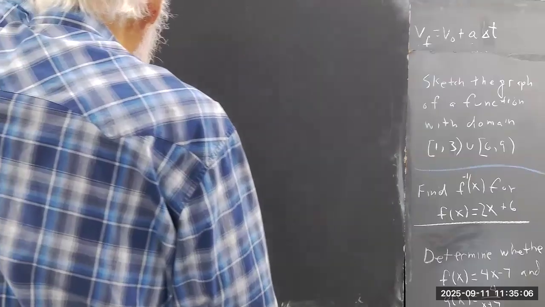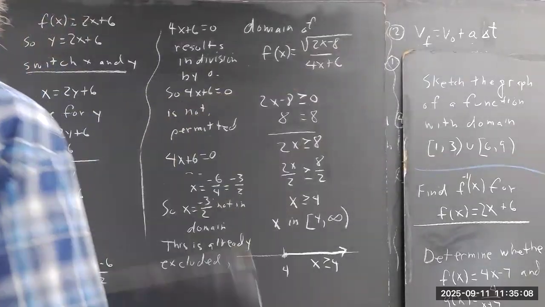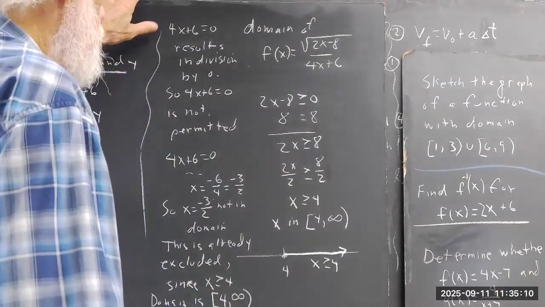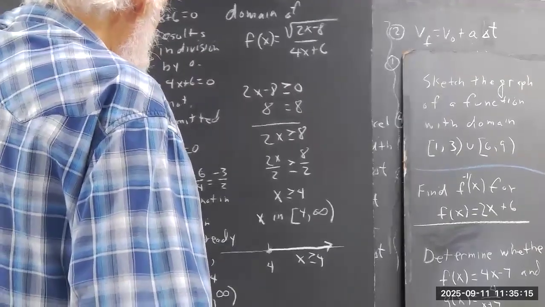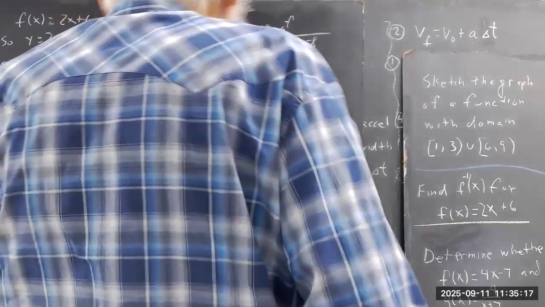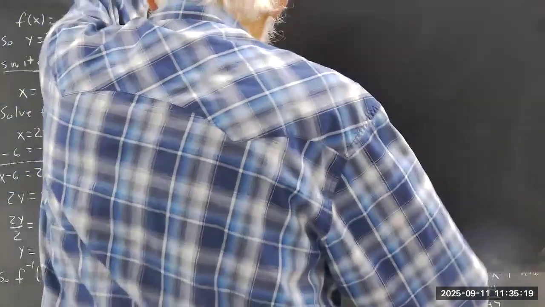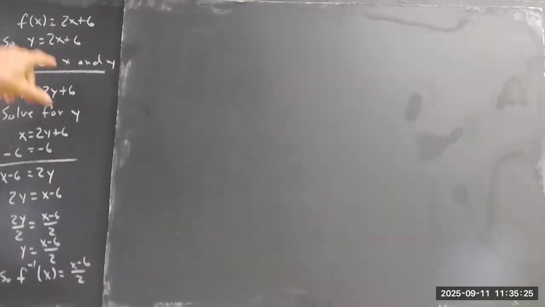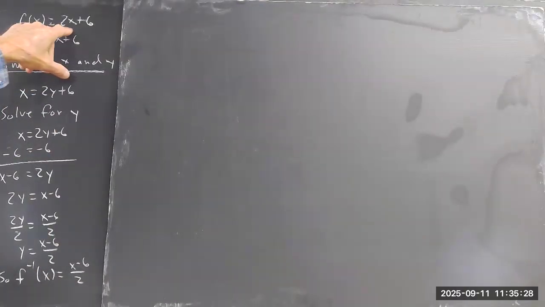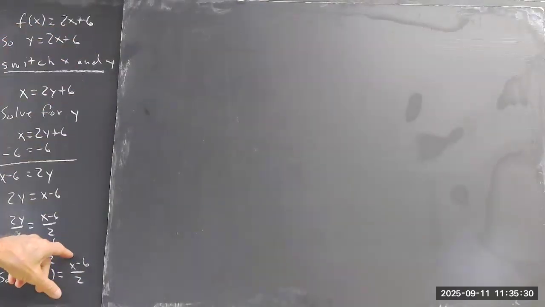Okay, so we've determined that if we've done everything right, the inverse of f of x equals 2x plus 6 is x minus 6 over 2.